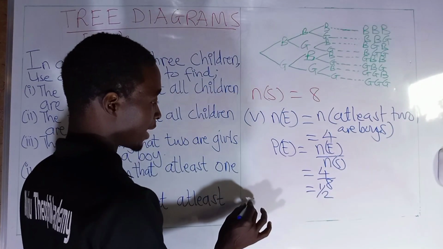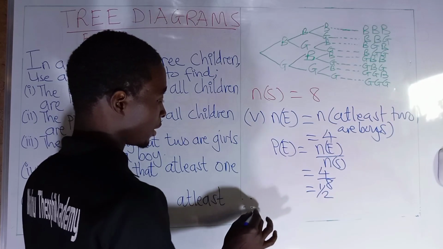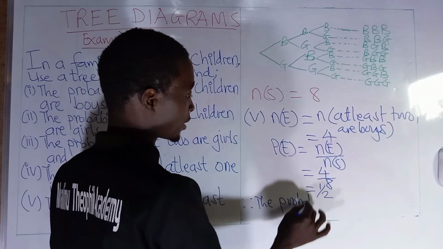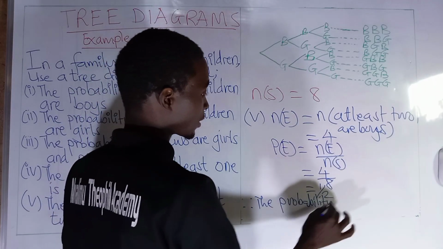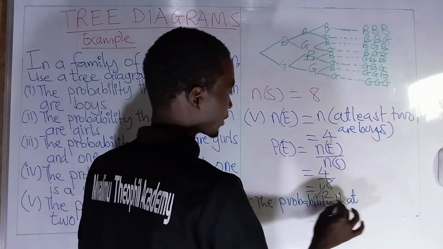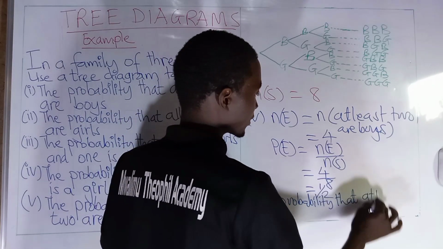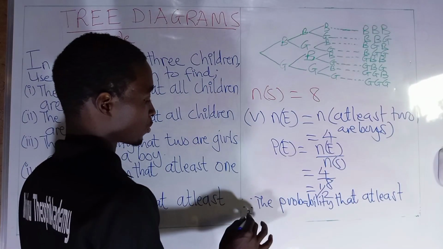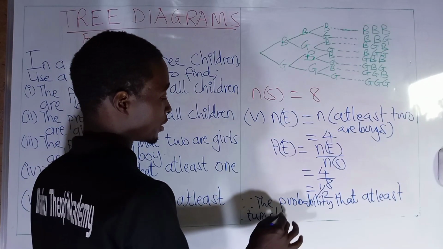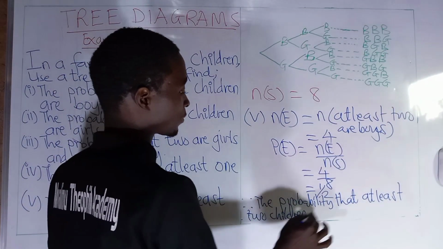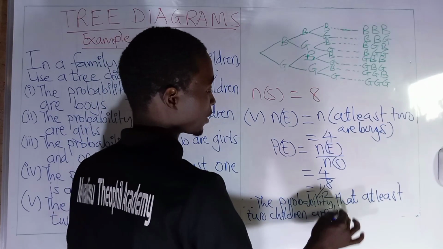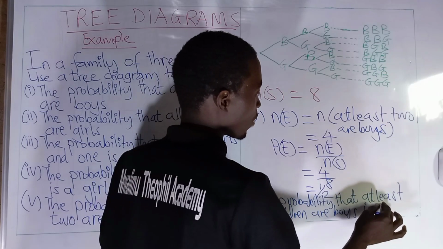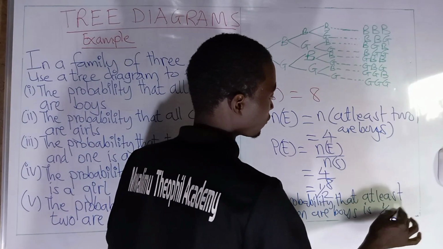So, we say that the probability that at least 2 children are boys is equal to 1 over 2, a half.